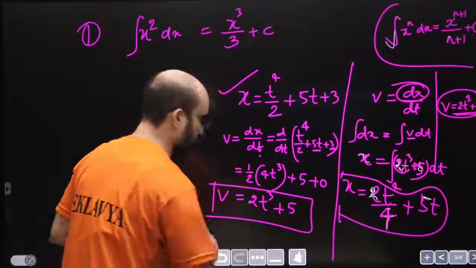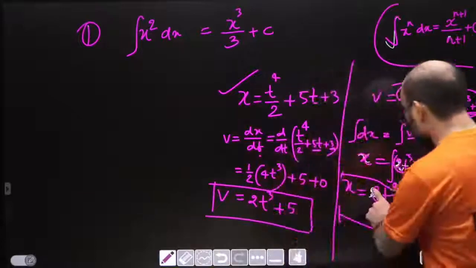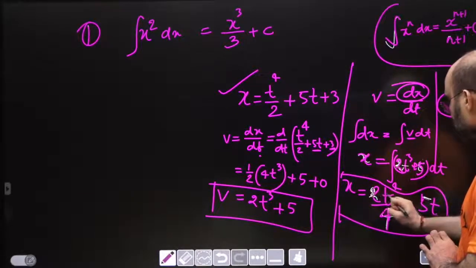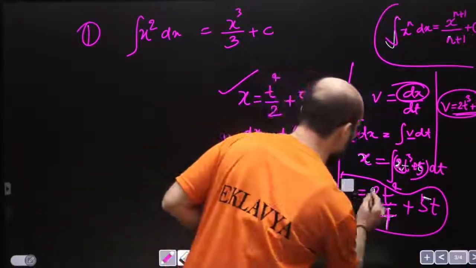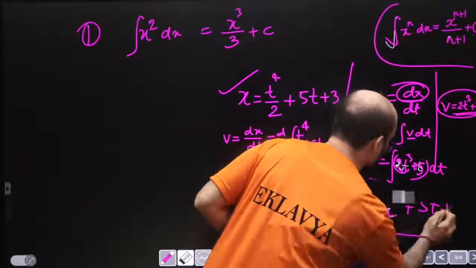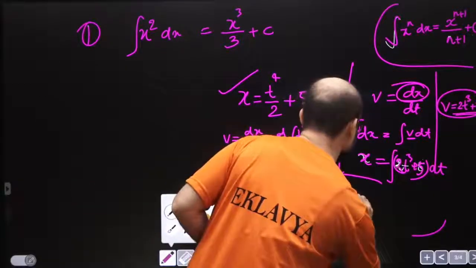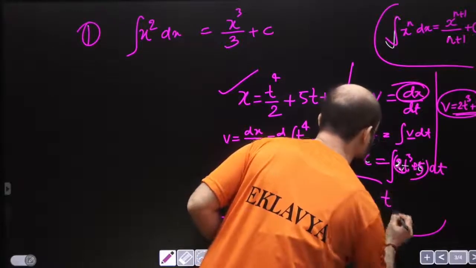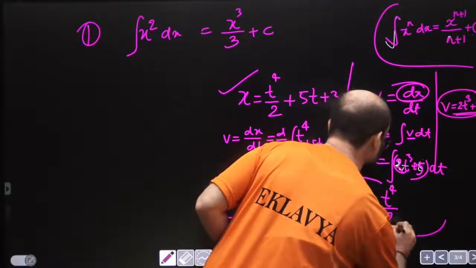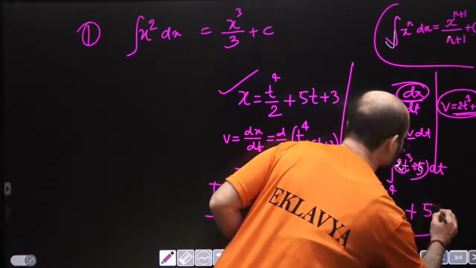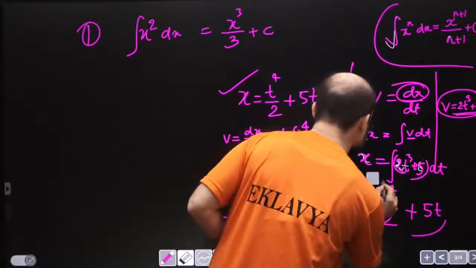So what did you observe? Here we got x equals t raised to power 4 by 2 plus 5t.